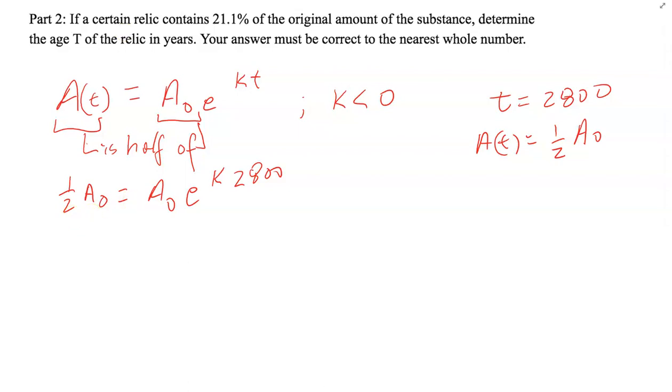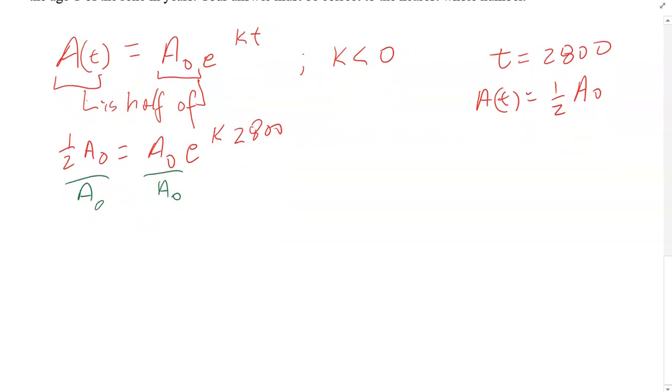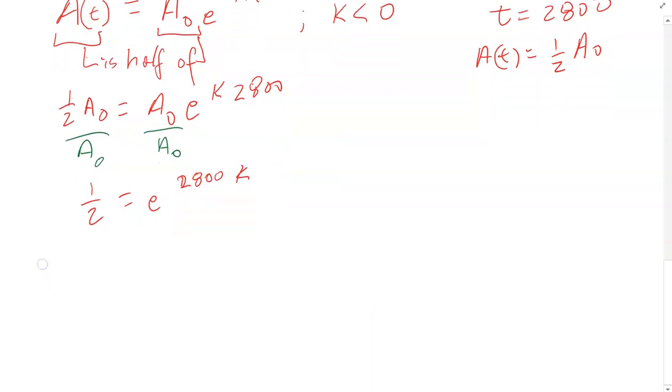So let's first do some algebra. Divide both sides by A sub 0. We get 1/2 is equal to e to the 2800k. Now we can take ln of both sides. What that does is it undoes the e, because ln is the inverse of an exponential function base e.